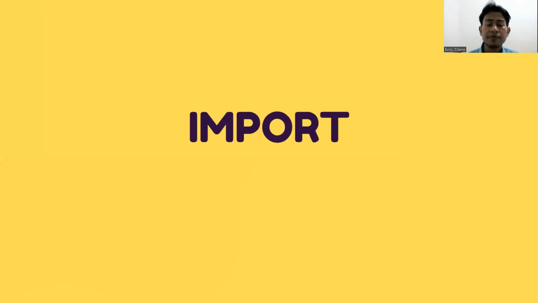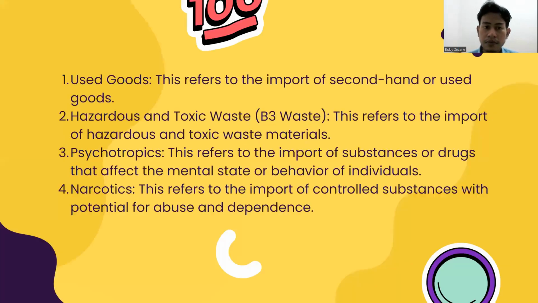And the next terms from import. The first is used goods. This refers to the import of second-hand or used goods. And the second, hazardous and toxic waste or B3 waste. This refers to the import of hazardous or toxic waste material.